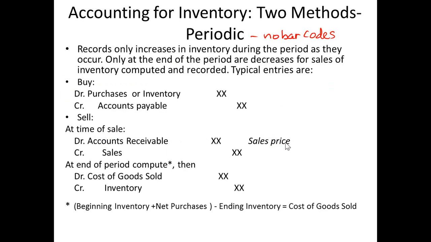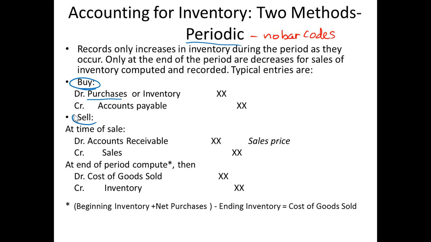When we look at periodic, remember periodic is where I have a purchases account that tracks all the purchases and returns of our inventory. So here's our template for success. When I buy inventory, notice I debit purchases and credit accounts payable if that purchase was on account.